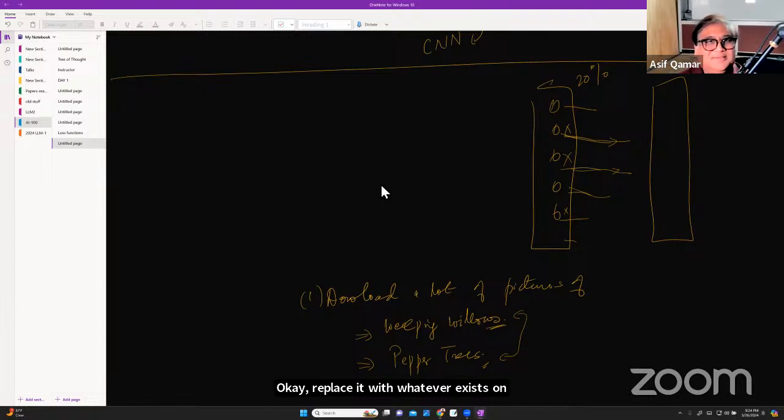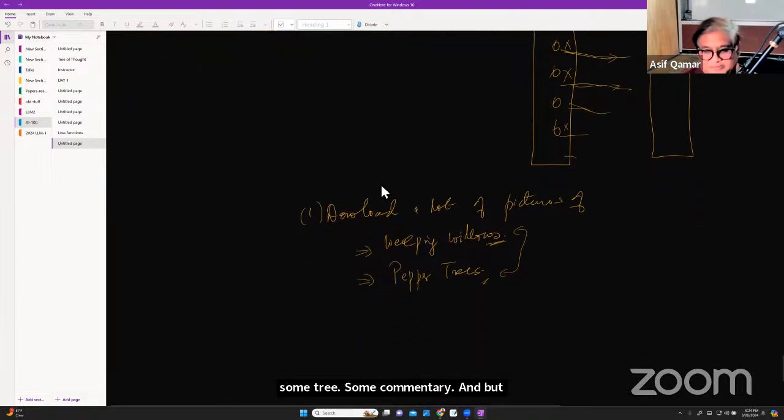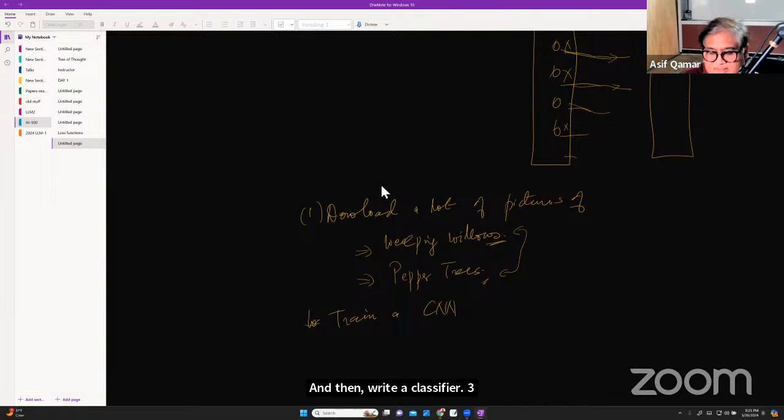Some common tree, but pick something that is a little bit similar to weeping willow, and then write a classifier. Train a CNN classifier on it. Start with a pre-trained model.